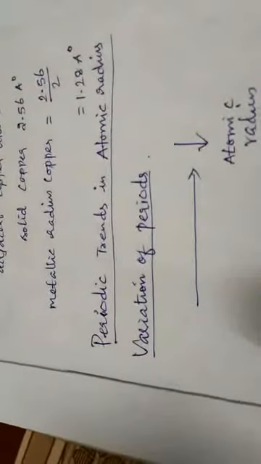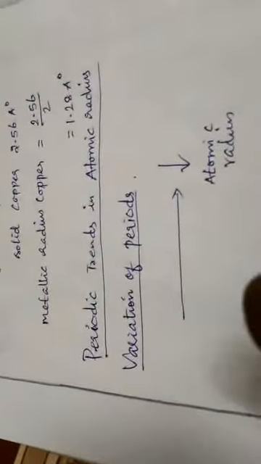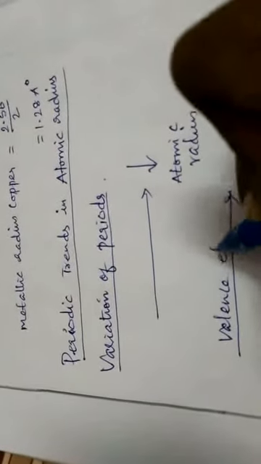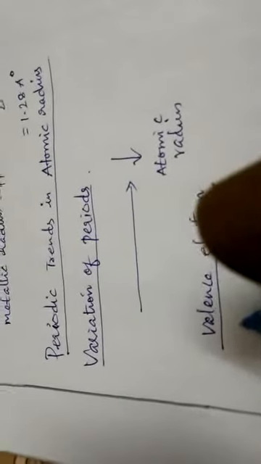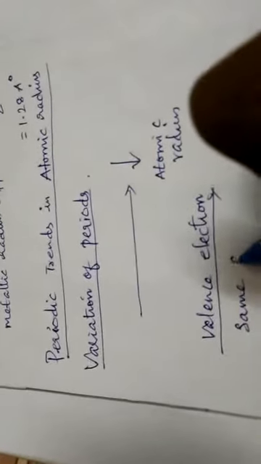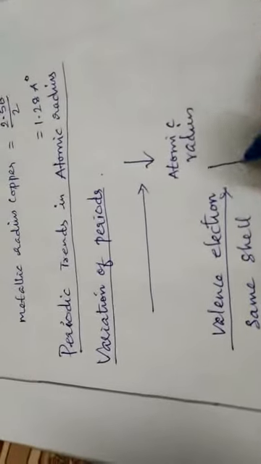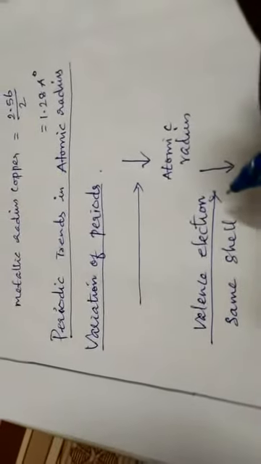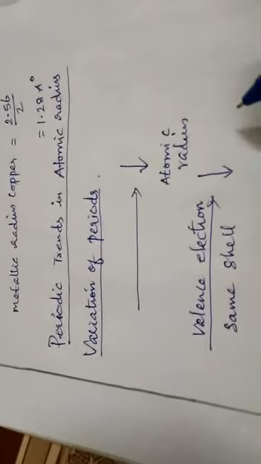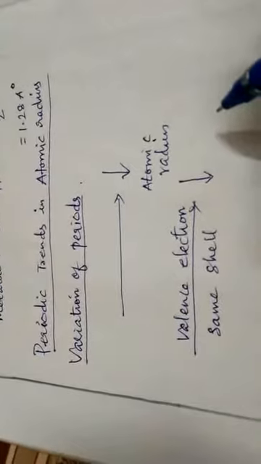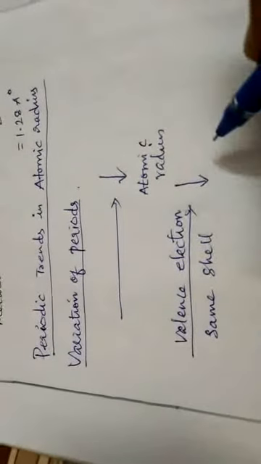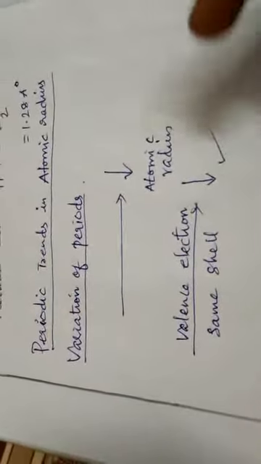Reasons: as we move left to right, the valence electrons are added to the same shell only. So atomic radius decreases, increasing the nuclear charge and the attractive force between valence electrons and the nucleus. Atomic radius decreases along the period.